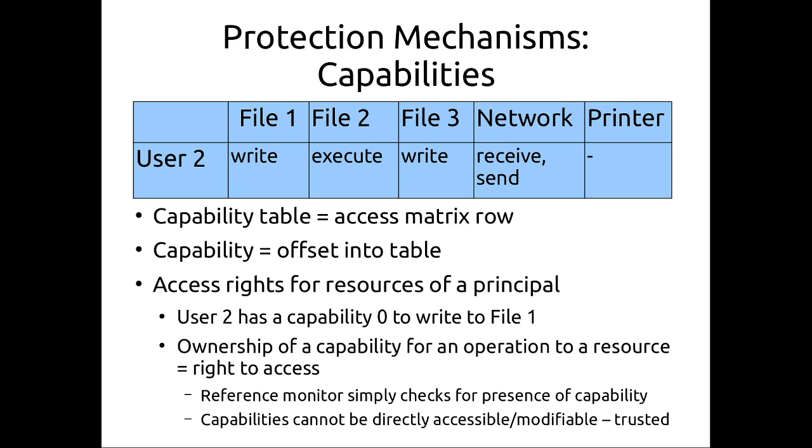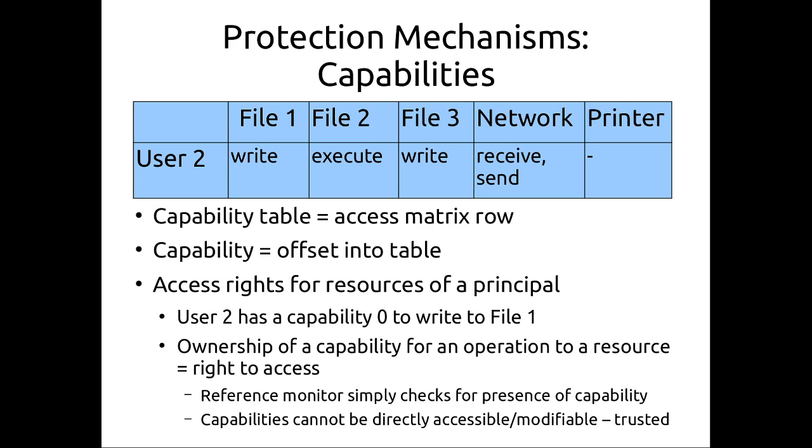And on file 3, it can write, but it can't read, it can't execute, etc. So this is effectively a data structure stored with a principal. And because principals often are not themselves stored in some sort of a recognizable abstraction on disk, capability tables are usually for non-volatile resources, whereas ACLs are stored on disk for the volatile resources.